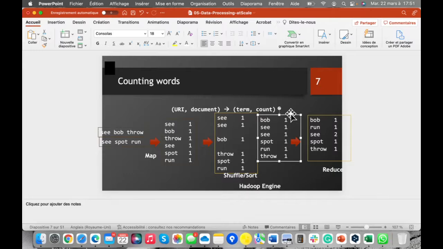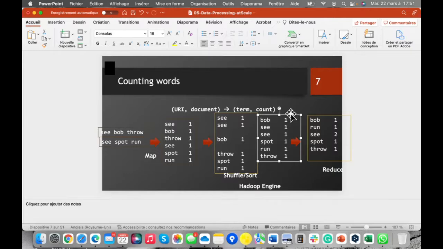Then there's no direct interaction between the map, the shuffle, and the reduce. They interact via the HDFS, yes. And this is in fact the principle of parallel programming in general. Processes interact through memory or through a common space.